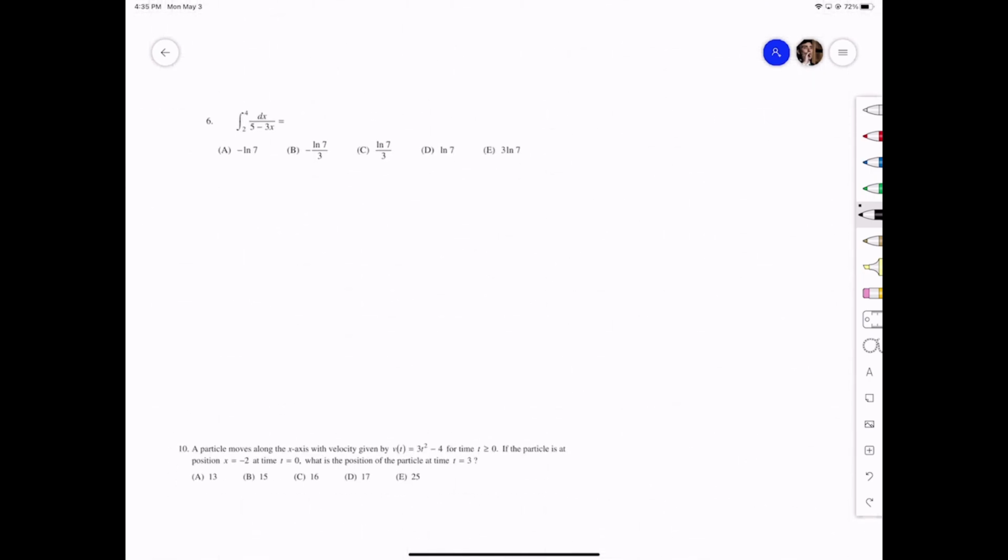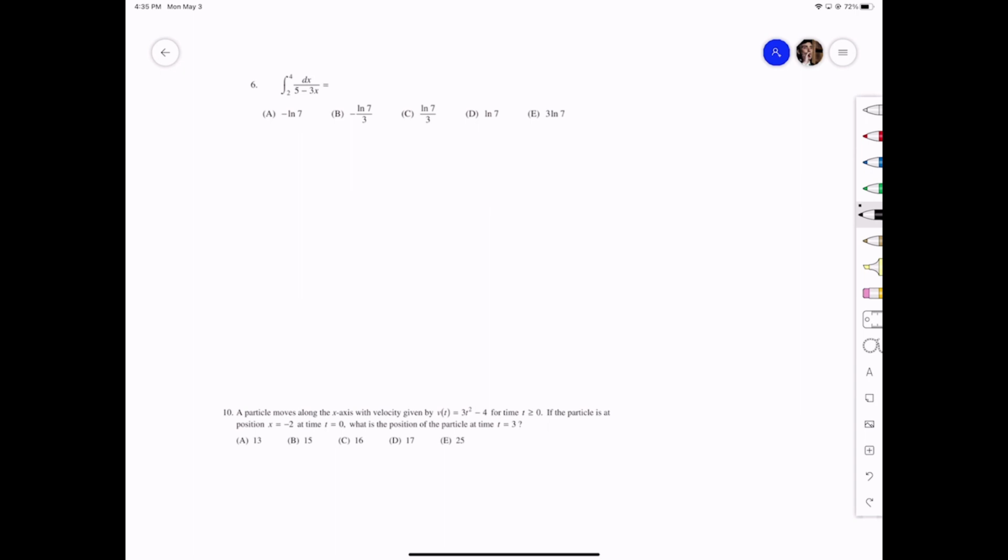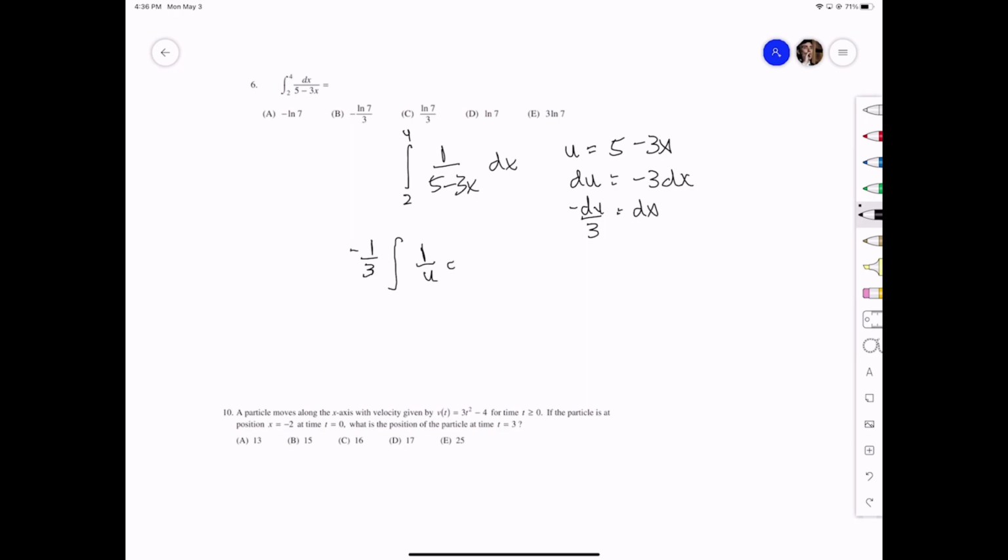Okay, so for this one, you have to use u sub again. So the integral from 2 to 4 of 1 over 5 minus 3x dx. If you make u equal to 5 minus 3x, du is equal to negative 3 dx, and dx is equal to negative du over 3. So this is equal to negative 1/3 times the integral of 1 over u du. And then let's change the bounds.